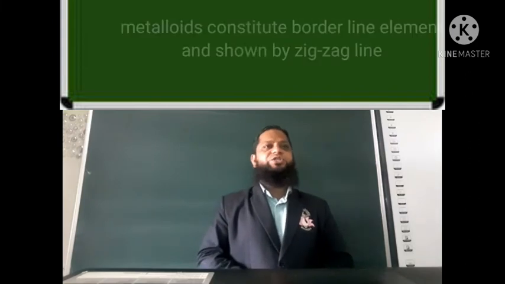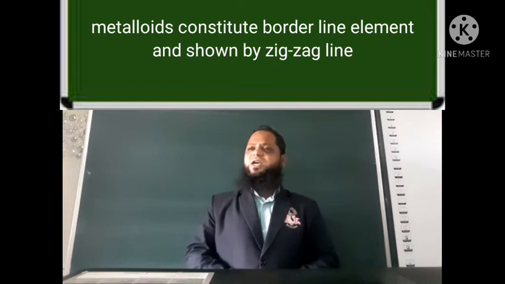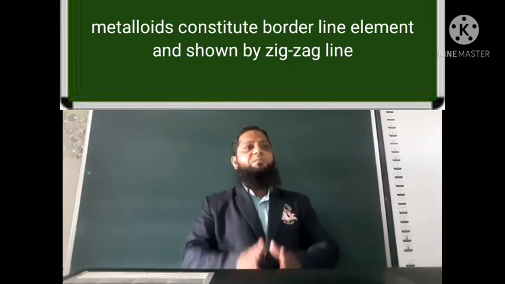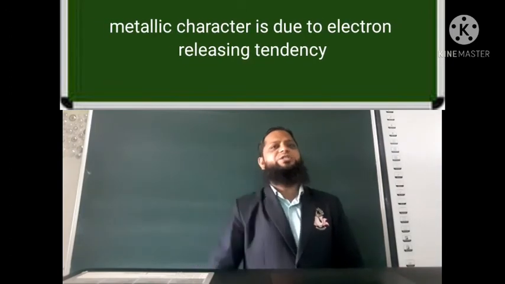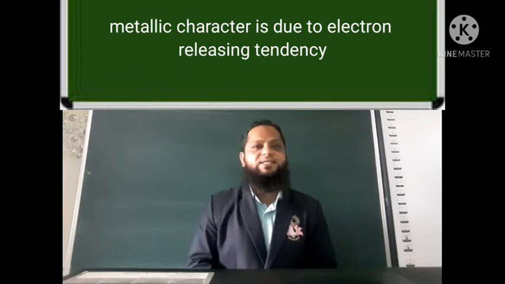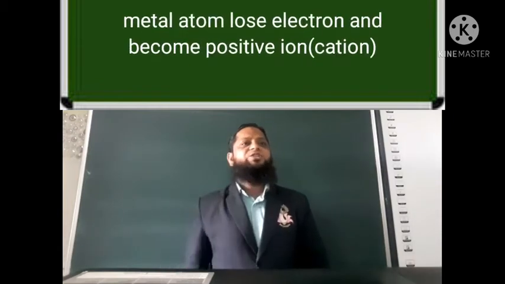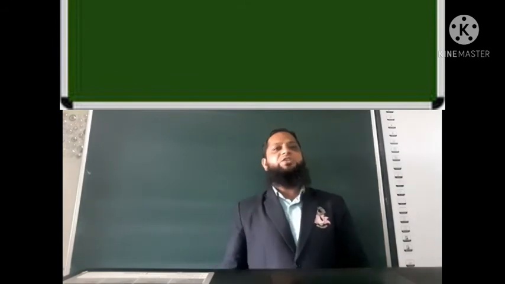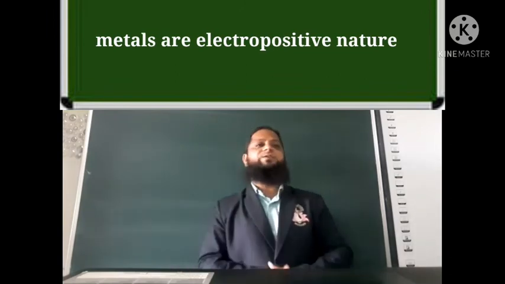Metalloids constitute some borderline elements and are shown by a zigzag line. The metallic character of the elements is due to their electron releasing tendency. By losing electrons, metal atoms change to positive ions, that is cations. These are therefore electropositive in nature.